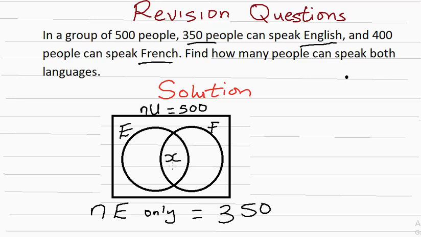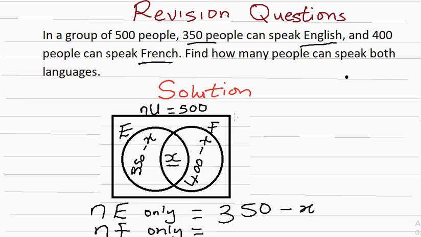So this part of the circle is going to be 350 minus X. The same thing for the number of people that speak French only: I subtract the intersection from the total number that speak French, which is 400, so that's 400 minus X. If you add English only, French only, and both, it should give us the universal set.